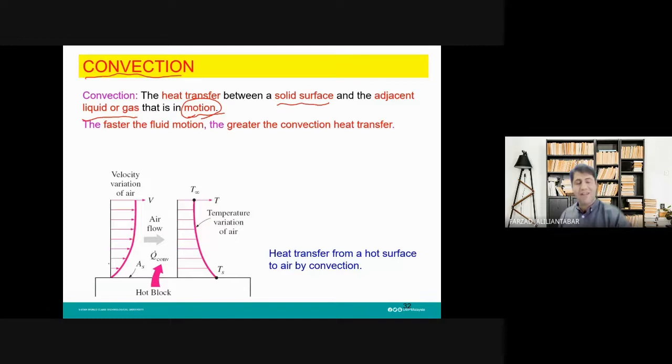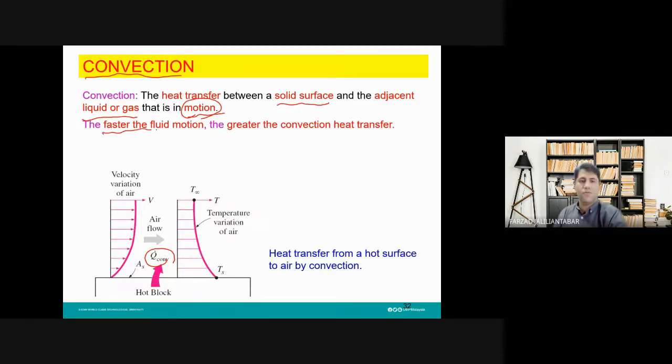The air is blowing or flowing on the surface of this solid. Then heat is transferred by convection from the surface to the fluid or vice versa, depending on the temperature. But usually the heat transfer is from the hot block, or from the solid surface, to the fluid.